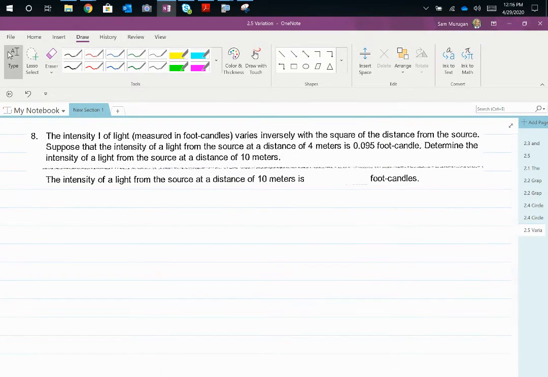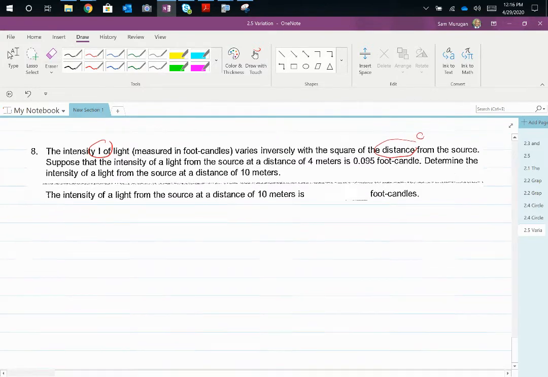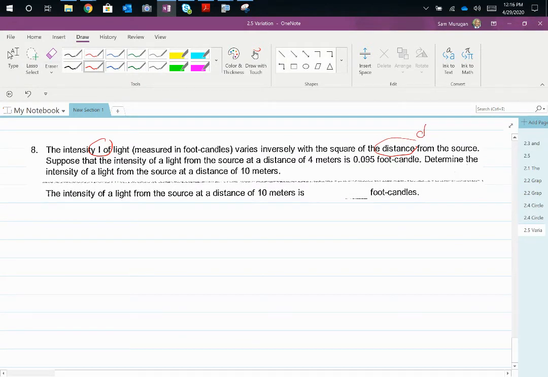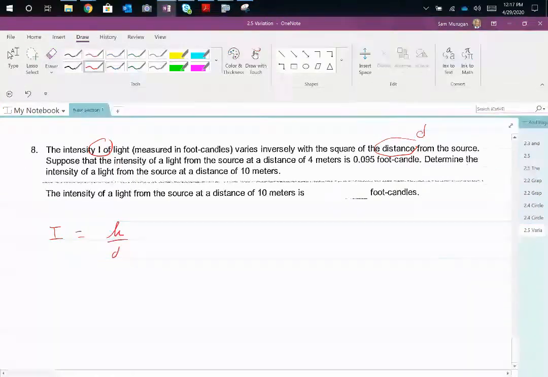The intensity of light I, measured in foot candles, varies inversely with the square of the distance from the source. So they tell us intensity is I, and distance we're going to call D. Intensity varies inversely with the square of the distance.